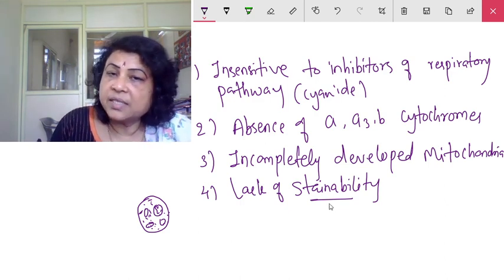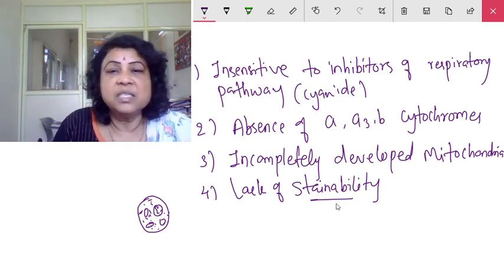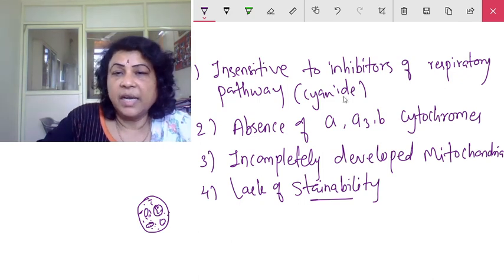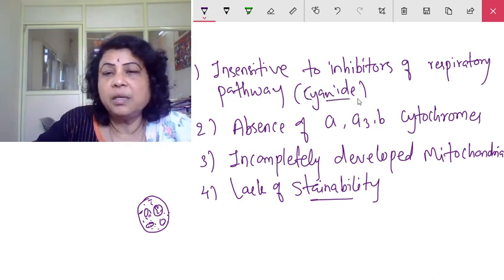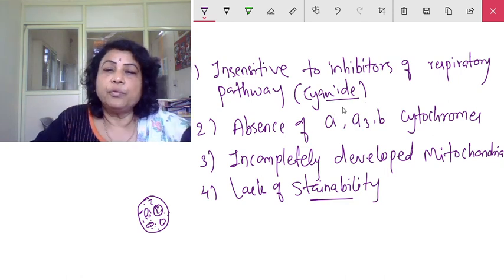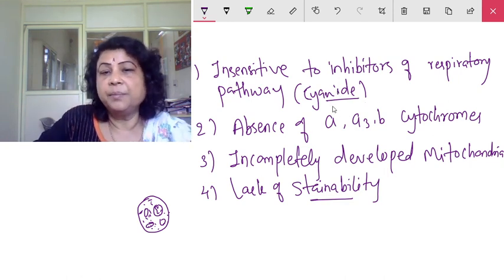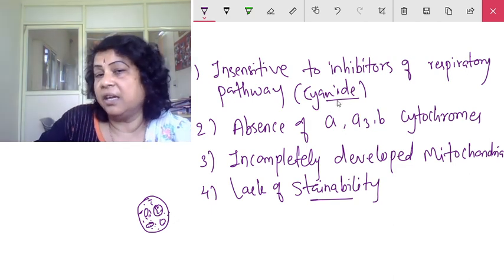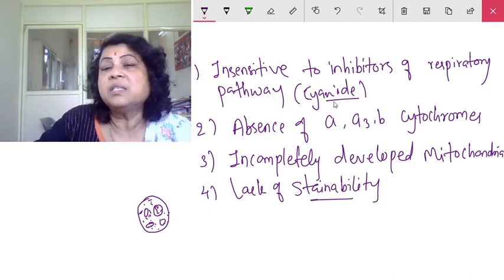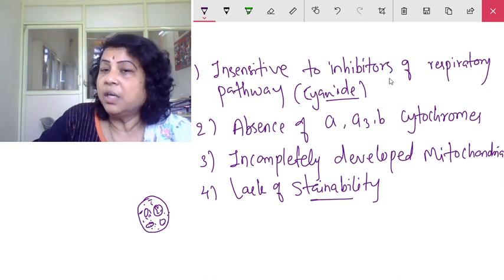They applied cyanide, and he observed that they are insensitive to it. Cyanide is a strong killer, an inhibitor, a poison. So when it is applied, if there were an aerobic pathway, they should get killed, but they do not get killed. That means they are insensitive to the inhibitors.